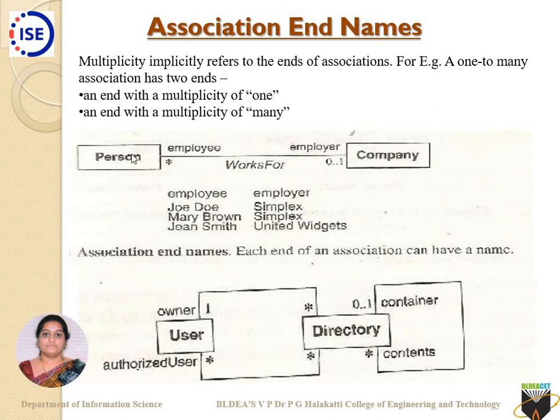Company is an employer, person is an employee. For example, Joe Smith is an employee who works in a company called IBM. IBM is a company, an employer, and Joe Smith is an employee. These are called your association end names.